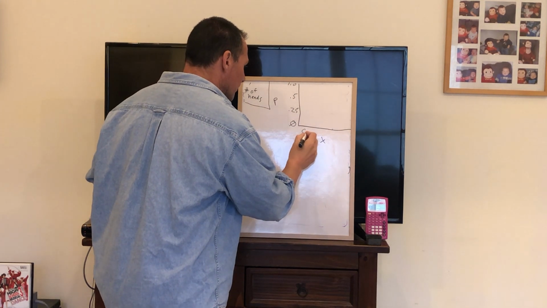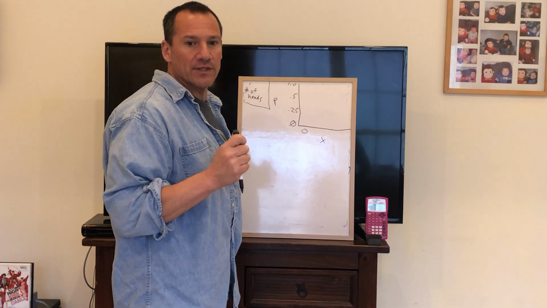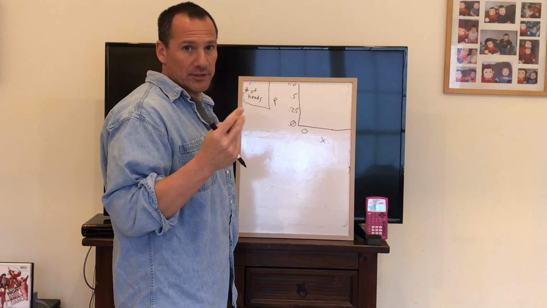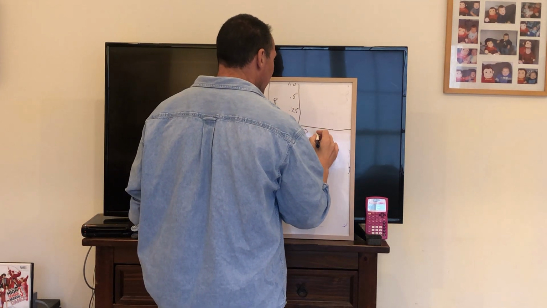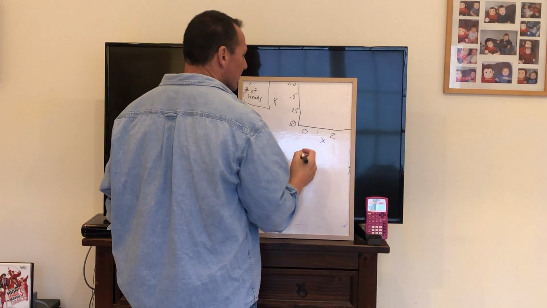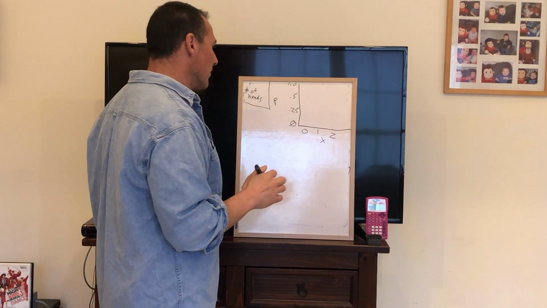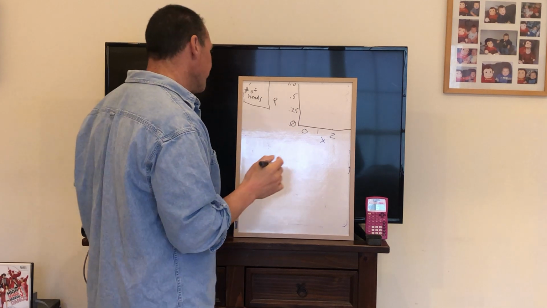One possibility is 0. If I flip a coin twice, I might get tails twice. So that would be 0 heads. I could get 1 head. And I could get 2 heads. So this will be the guts of my probability distribution.